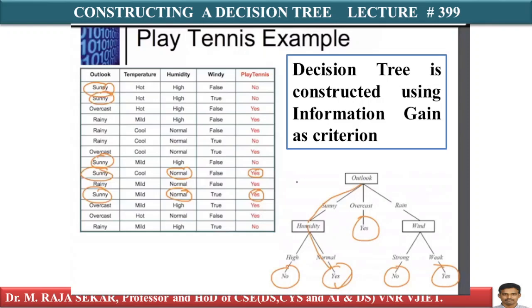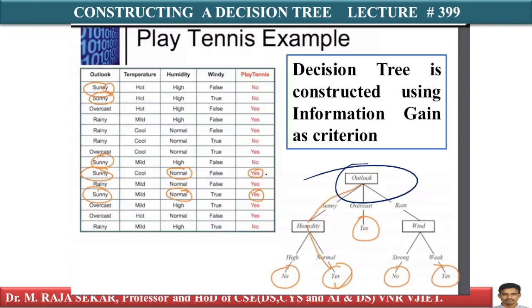Until you get a pure node which has only positive class points or only negative class points, you keep constructing it iteratively. You keep going further and further till the time you get a pure node.